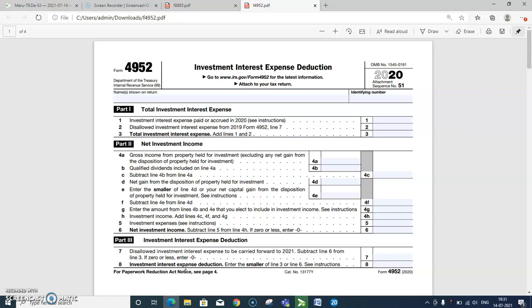IRS Form 4952 determines the amount of deductible investment interest expenses, as well as the interest expenses that can be carried forward. The form must be filed by individuals, estates or trusts seeking a deduction for investment interest expenses. Certain expenses cannot be deducted, such as home mortgage interest and qualified dividends.